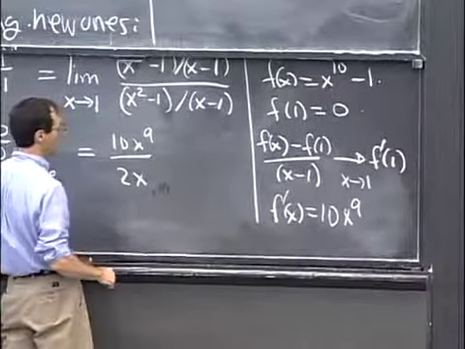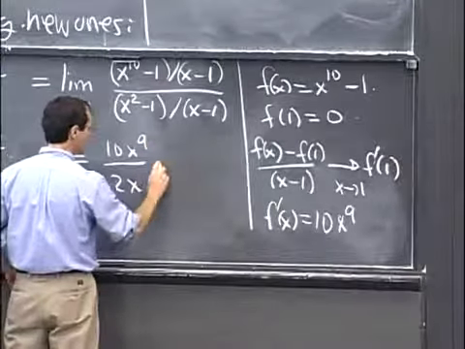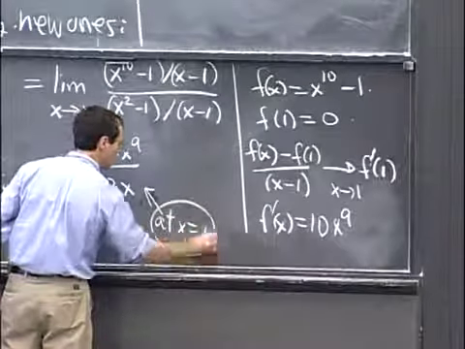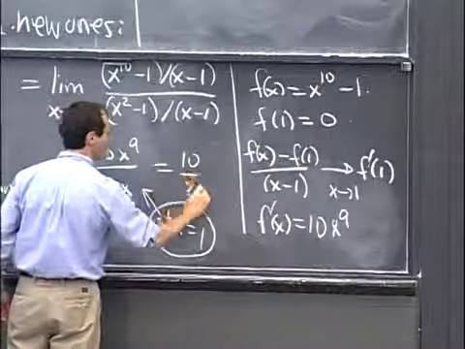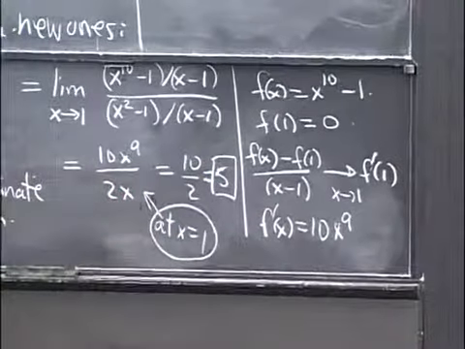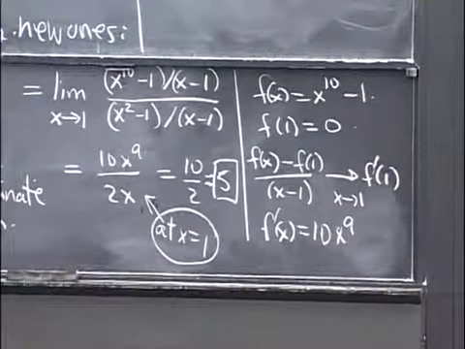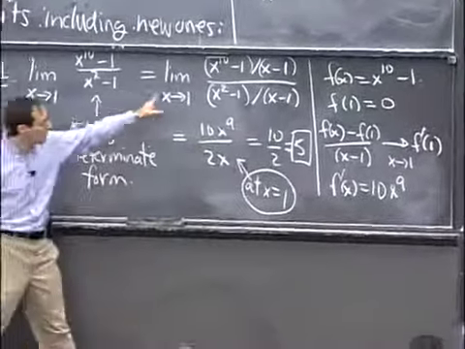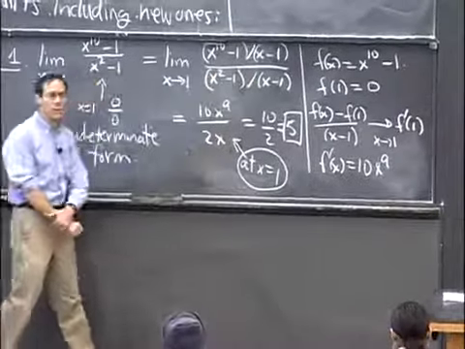That's the derivative of x squared minus 1. And then we're going to have to evaluate that at x equals 1. And so it's going to be 10 halves, which is 5. All right? So the answer is 5, and it's pretty easy to get from our techniques and knowledge of derivatives using this rather clever algebraic trick, this business of dividing by x minus 1.